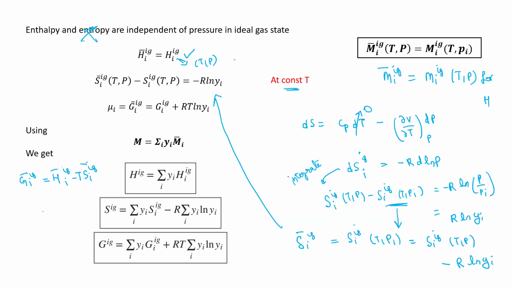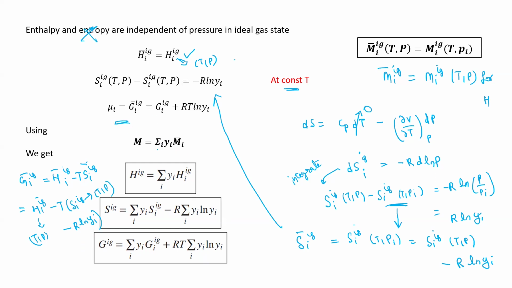By inserting things here, H_i^ig minus T S_i^ig minus R ln y_i. Okay, this is all defined at T comma P. So that's how I get this equation.